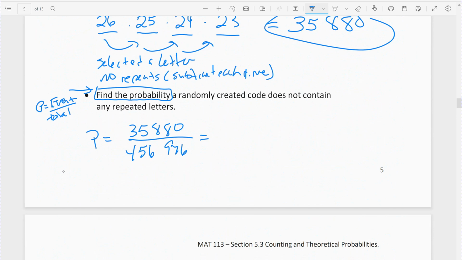It doesn't reduce real nice. That's the smallest fraction it goes. Again, you have the fraction key on the calculator. You can just hit divide and then hit your fraction. Alright, so 0.785. So a 78.5% chance you get a code with no repeating letters.